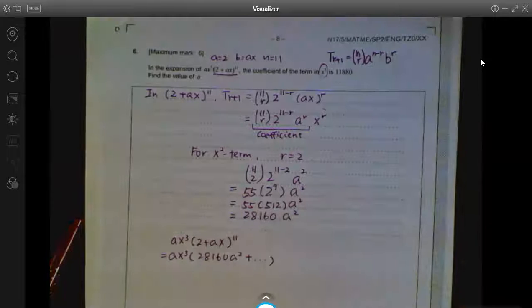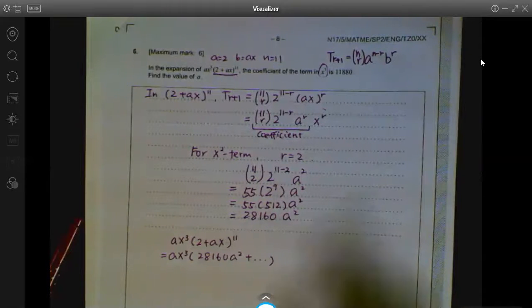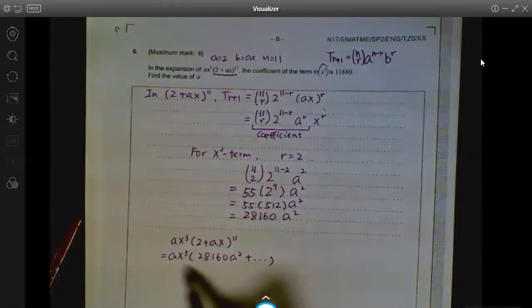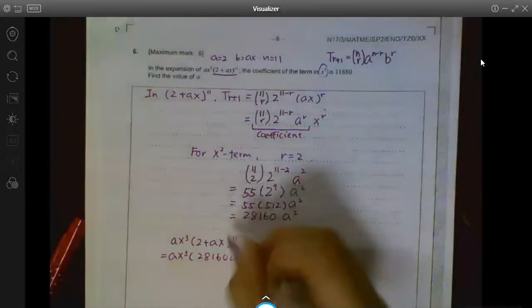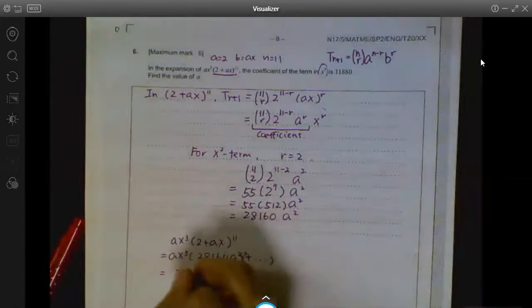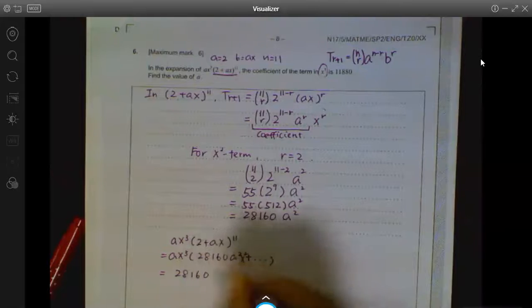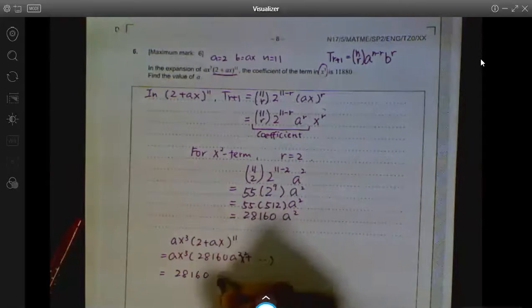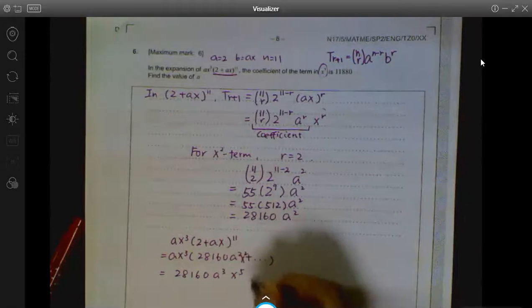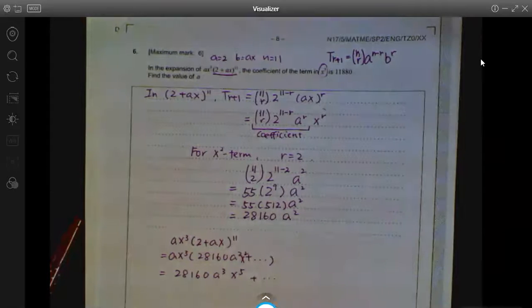Now we're not concerned about the other terms because in this question we are only interested in x to the power of 5 because that is what is given. So go ahead and multiply these two terms. So ax cubed times 28160 a squared x squared, we will get 28160. a times a squared is a cubed, and x cubed times x squared is x to the 5, plus many other terms indicated by plus dot dot dot.